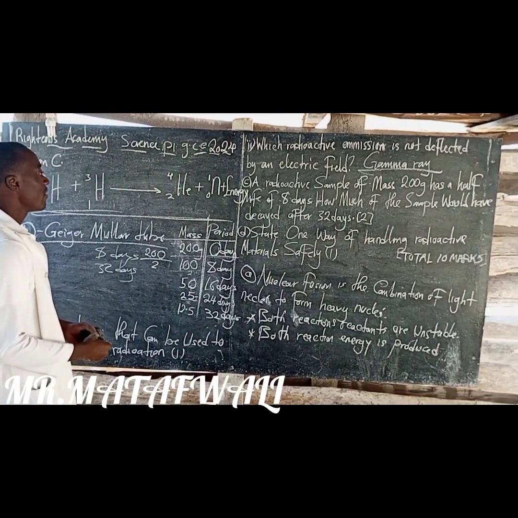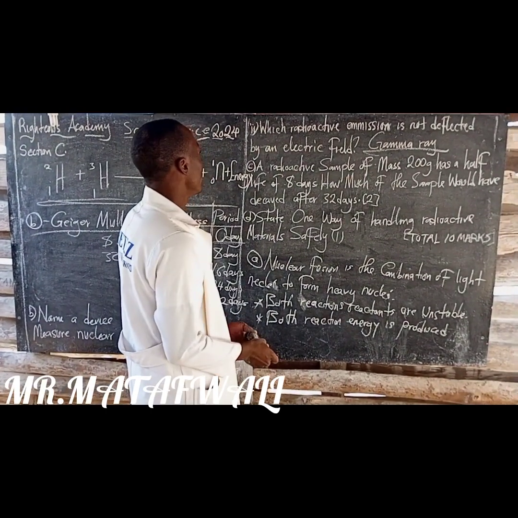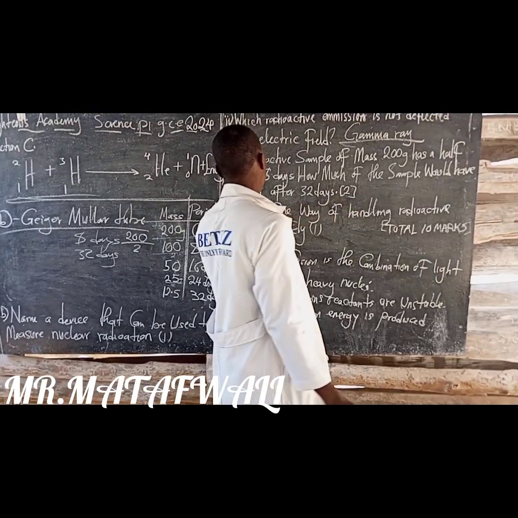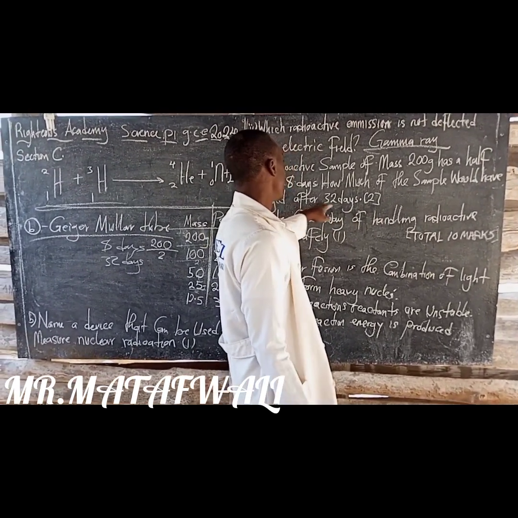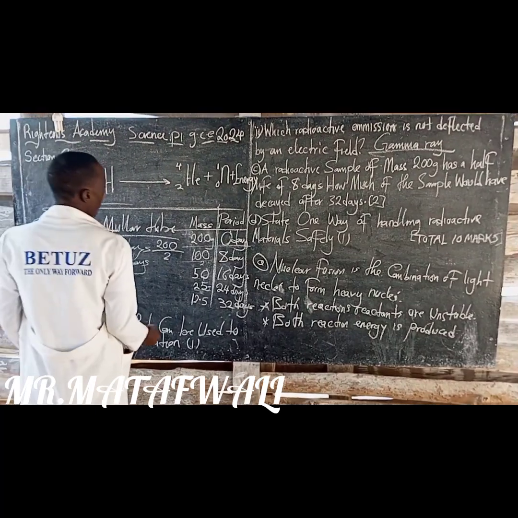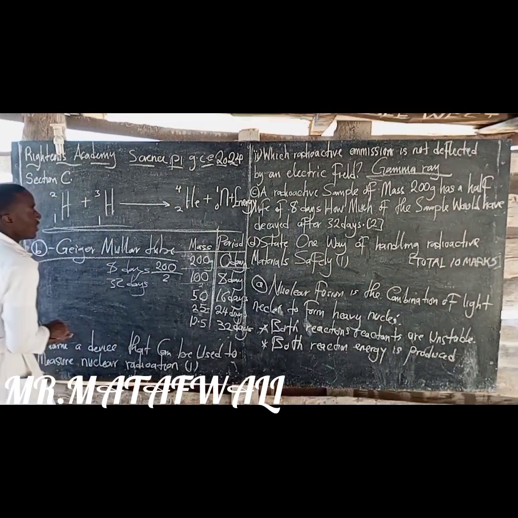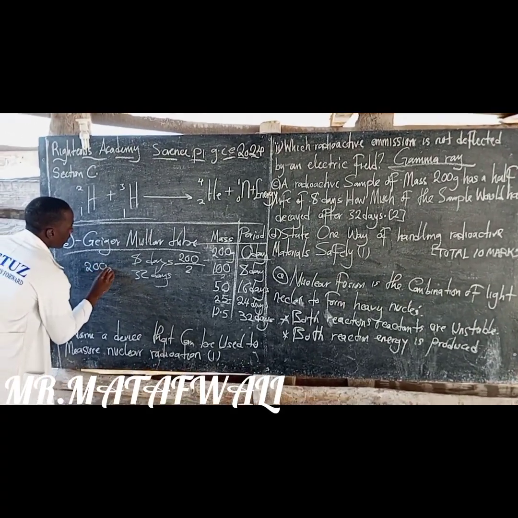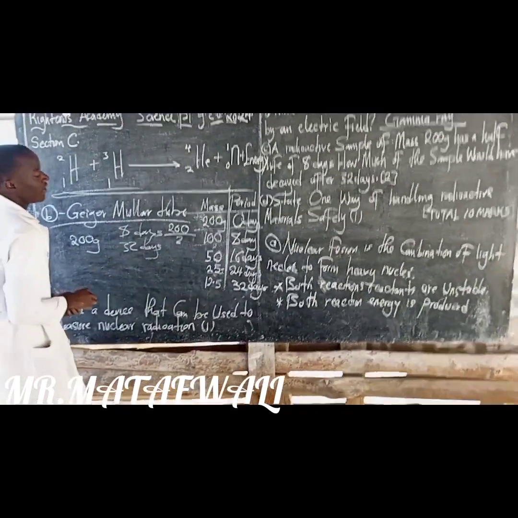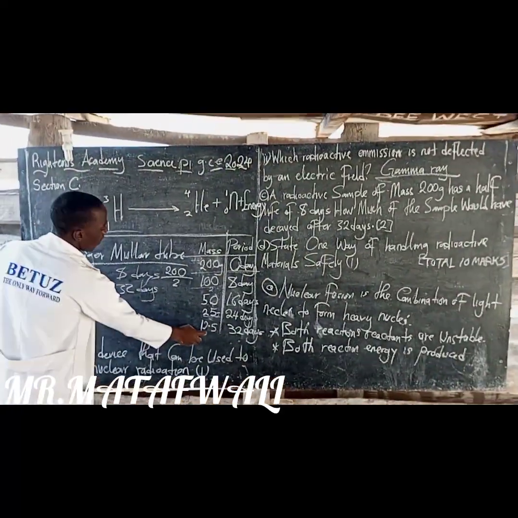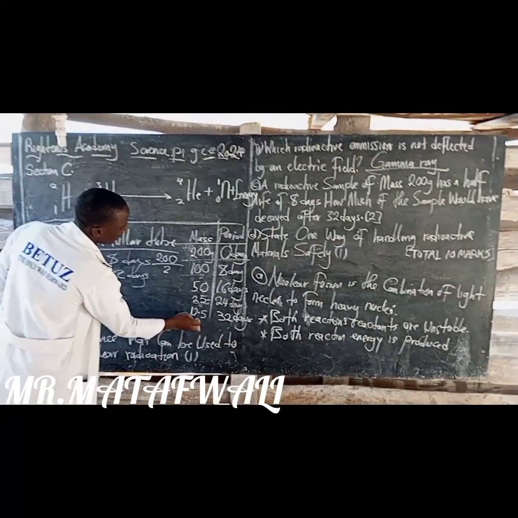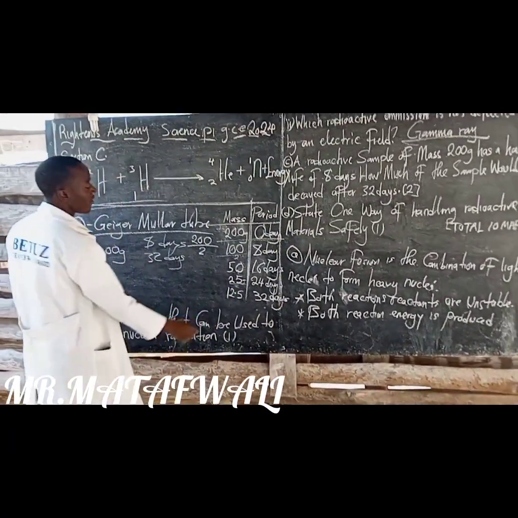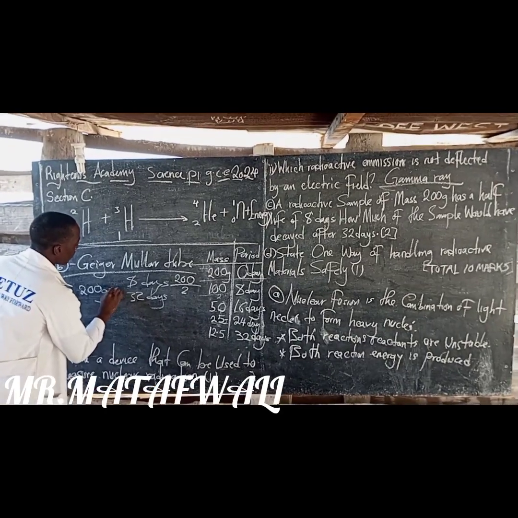So we have found the mass which remained after 32 days. Now the question is requiring us to find how much of the sample would have decayed after 32 days. So we are going to get the original mass of the radioactive sample, which was 200 grams. Then we are going to subtract 12.5, since this 12.5 is the mass of the radioactive sample which remained, and here we are looking for the decayed sample.